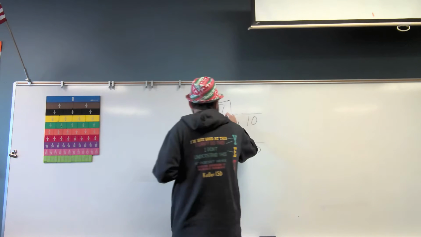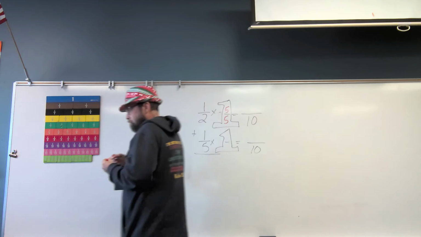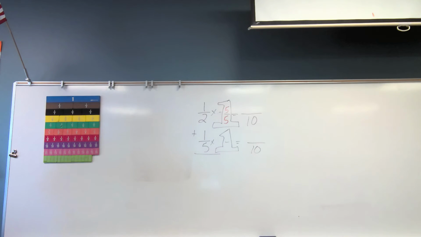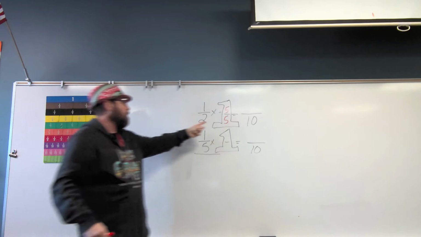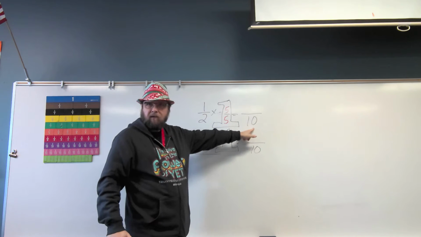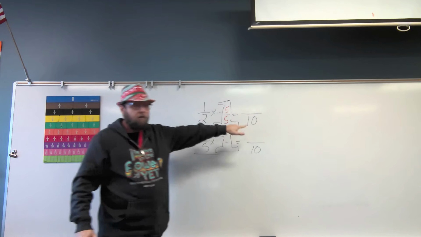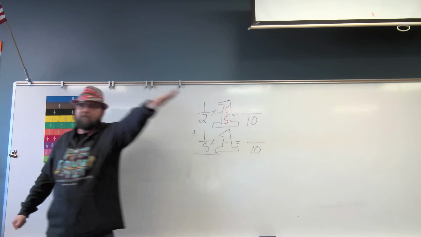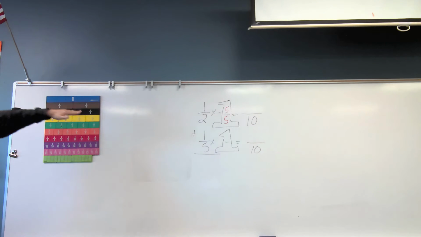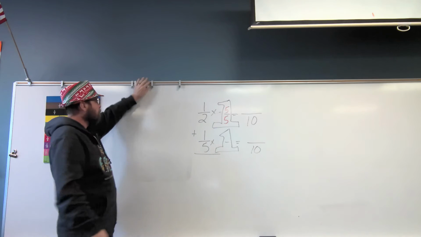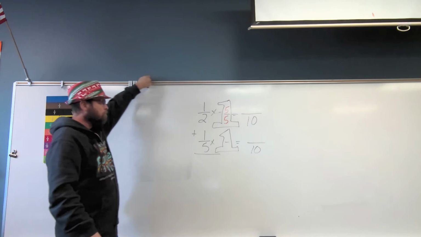So I need to multiply this by a fraction that equals 1. So 5 over 5. Because if I multiply 2 times 5, that's going to get me 10. The 10 is already there. Miss Balios said we had to have 10 because it was a multiple of both 5 and 2.